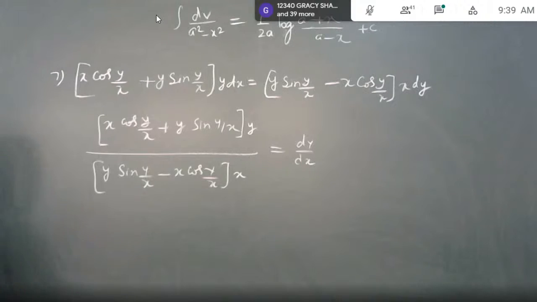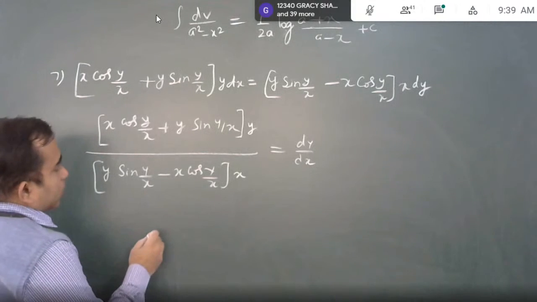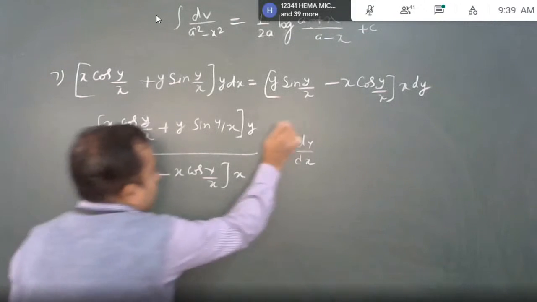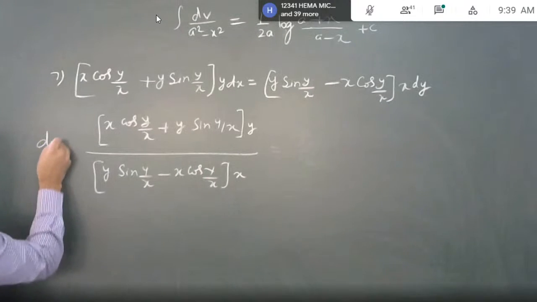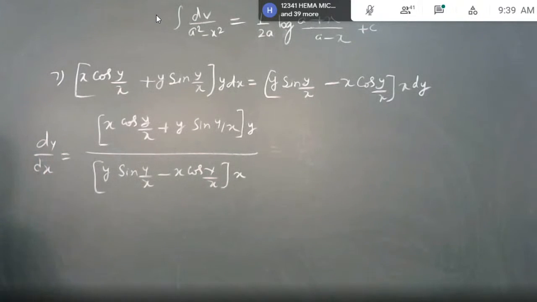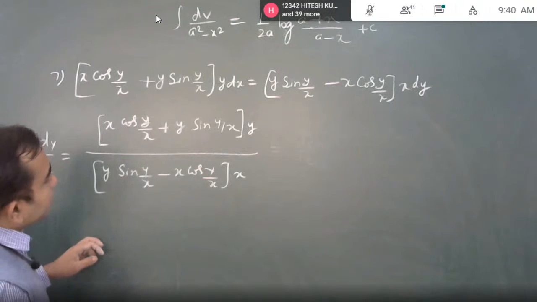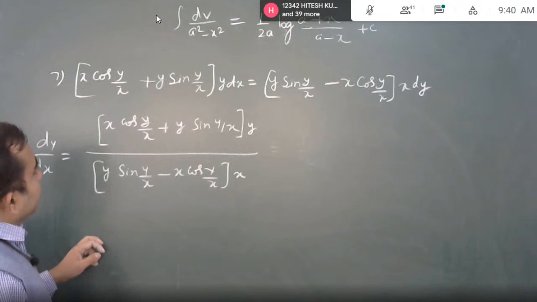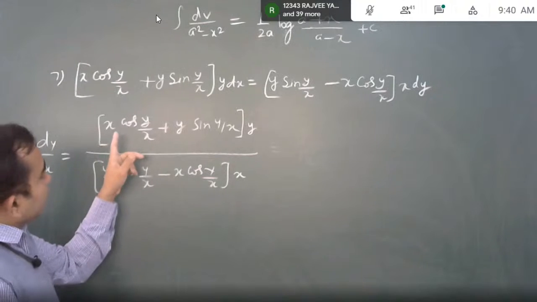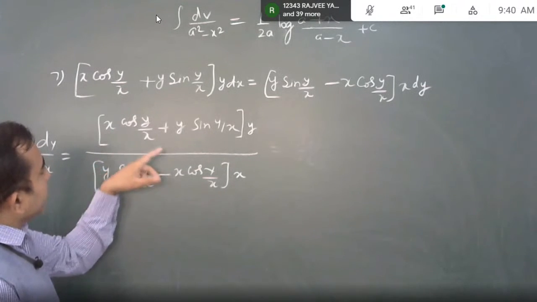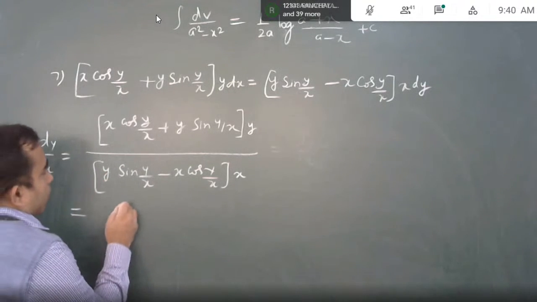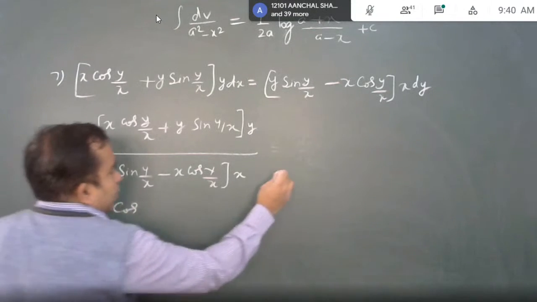Now I have to prove that this is homogeneous. So to prove homogeneousness, I am going to divide up and down, numerator and denominator, by x.